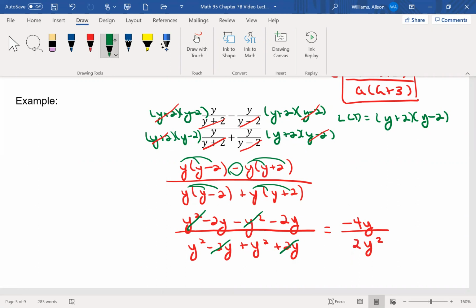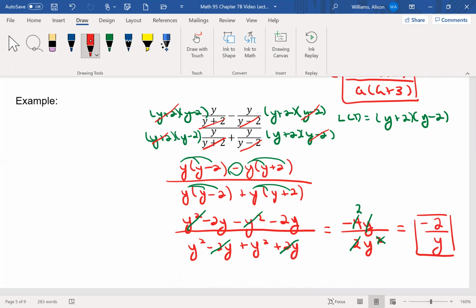So the 2 goes into the 4 two times. And then there's a y in the numerator and 2 y's in the denominator, so I'm just going to cross off the exponent, leaving me with 1 y in the denominator. So here's what I got: negative 2 in the numerator over y in the denominator. And there we go.